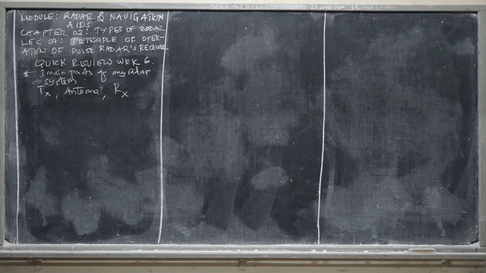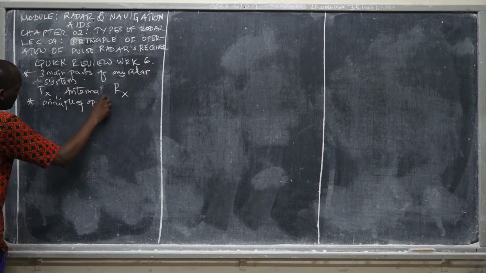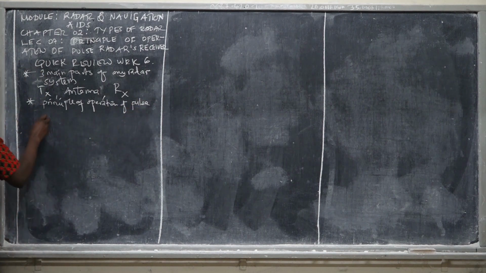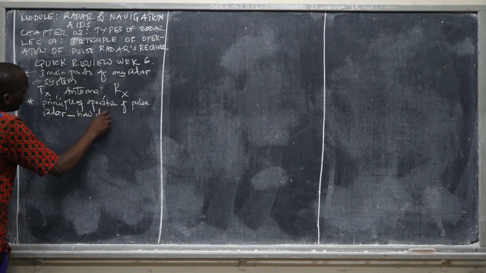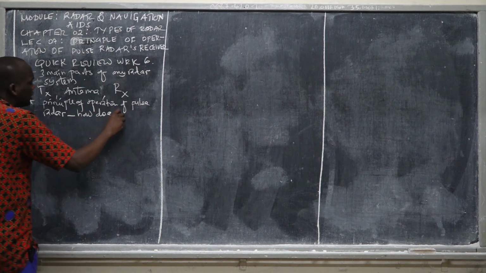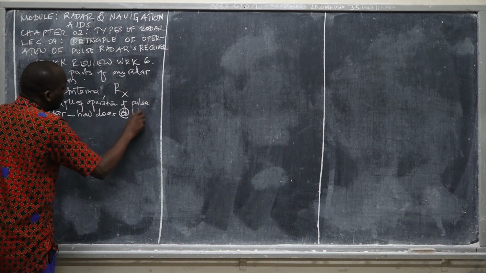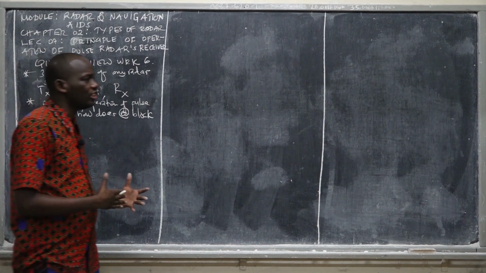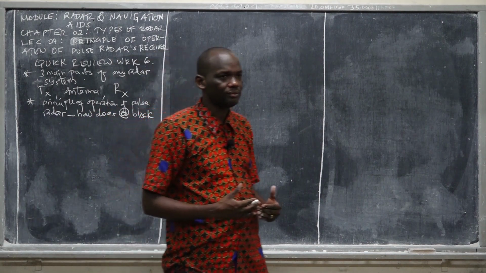Yes. Then the next concept, we discussed the principle. Whenever we discuss the principle of operations of what? Of PAS radar, then we have a responsibility to understand how each block works in order to complete the radar communication system, right?